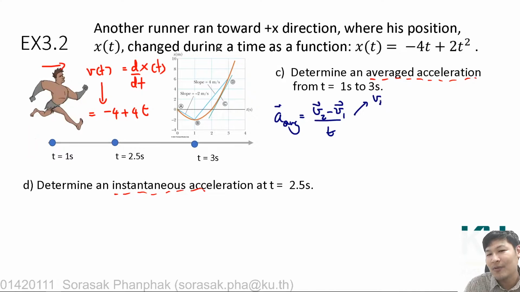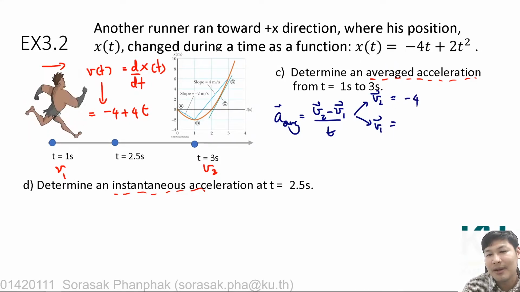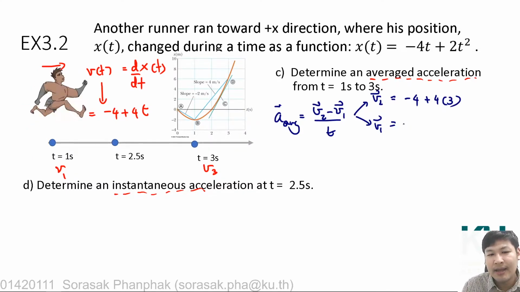Now we find v2 and v1, where v2 is at time 3 seconds and v1 is at 1 second. So I substitute the values: minus 4 plus 4 times 3, and minus 4 plus 4 times 1.